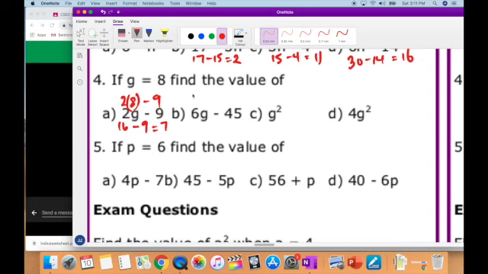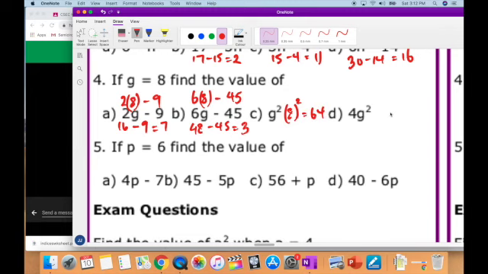Alright. 6. 8 in brackets minus 45. 6 8s are 48. Minus 45 is 3. 8 squared minus 8 squared is 6. 8 squared, yes. G is 8, so 8 squared is 64.